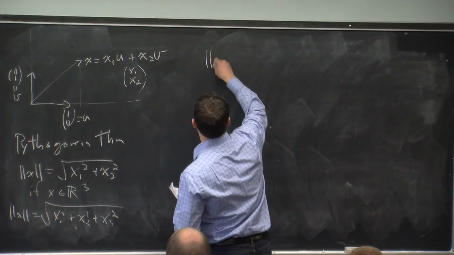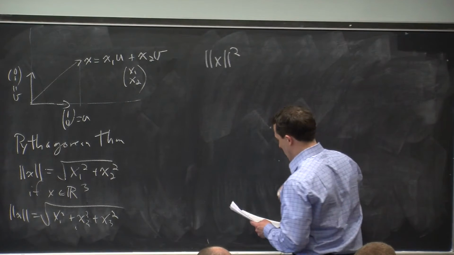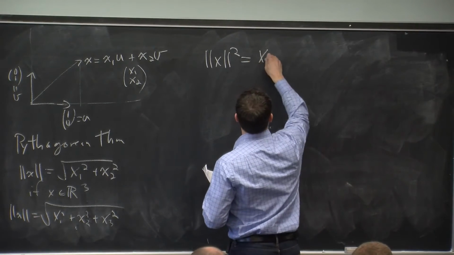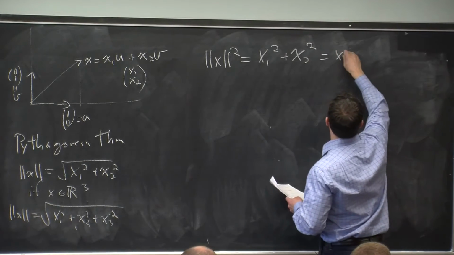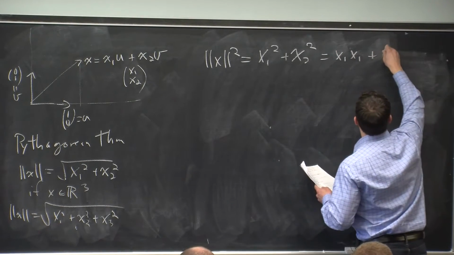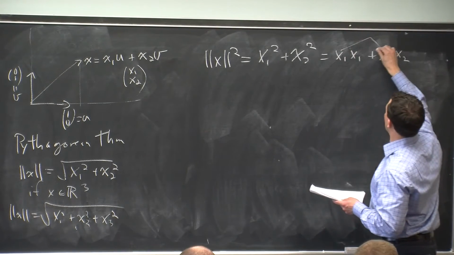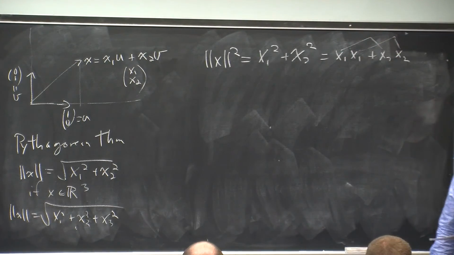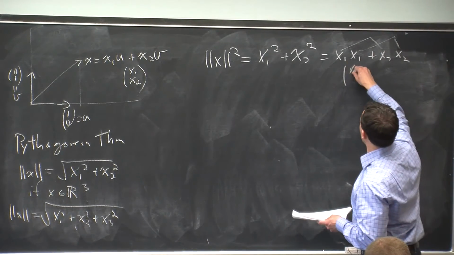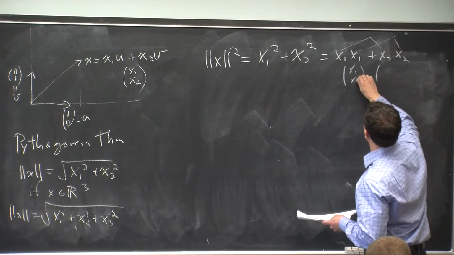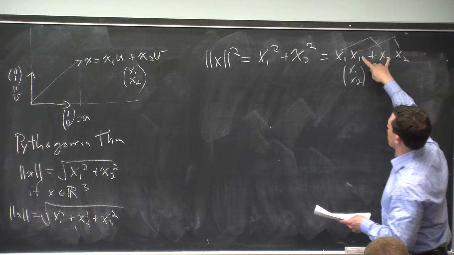So we could write it like this: the squared length of x, that gets rid of the square root, is x1 squared plus x2 squared, which is x1 x1 plus x2 x2. Okay, so that looks like something now that could have two vectors as its input. And it just so happens that we plugged in the same vector in both slots.